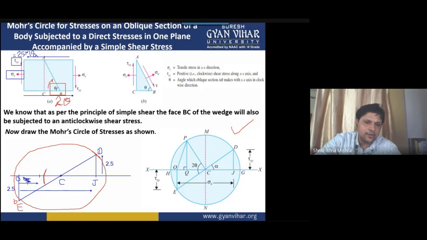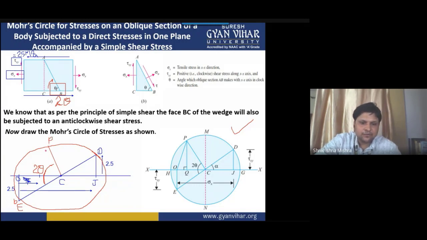For example, if theta is 30 degrees, you will take 60 degrees. After taking that 2 theta angle, you will draw a line in this way. And the point where it intersects the circle, you will name it P.